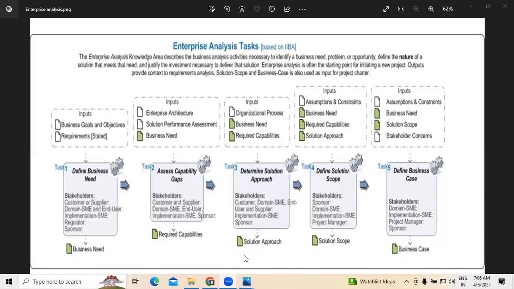These assumptions as well as constraints should be kept into account before you define the solution scope. If you want to define and develop a solution, there is a scope which has to be identified. Do we have the possibilities? What are the practical difficulties we may be facing in between? And how to encounter those problems?